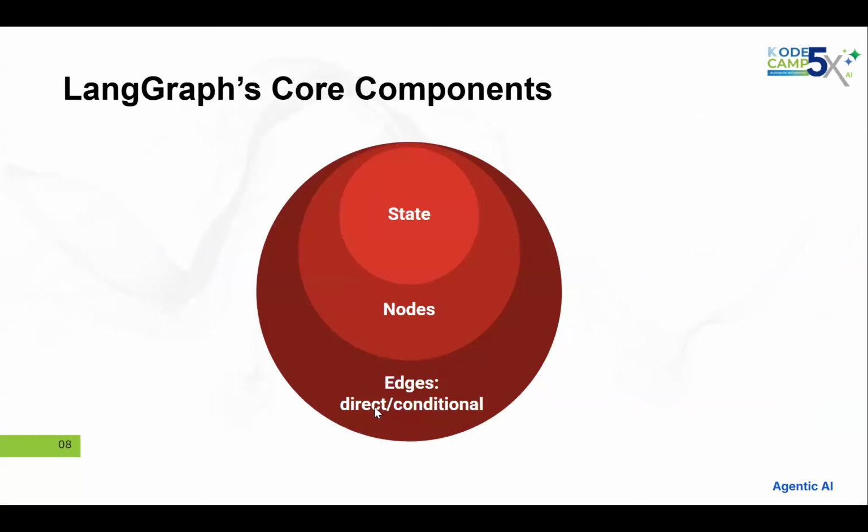Now, LangGraph's core components include state. State is a record of the agent's internal history, the history of the agent's execution.